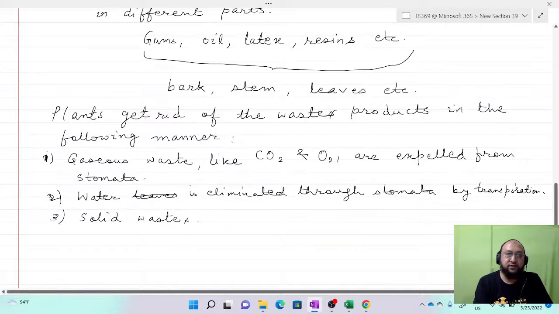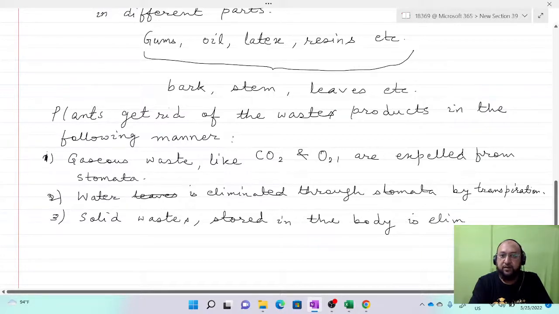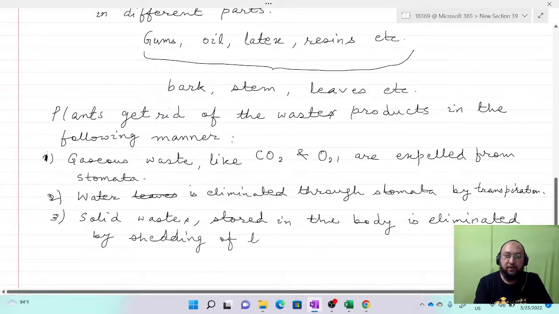Okay, wastes stored in the body are eliminated by shedding of leaves.